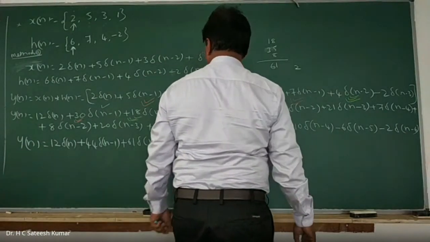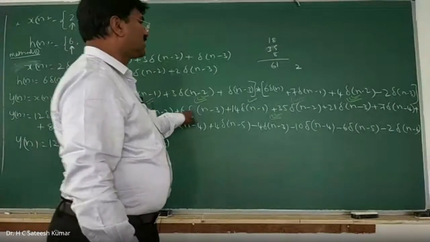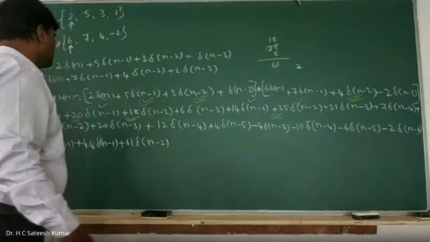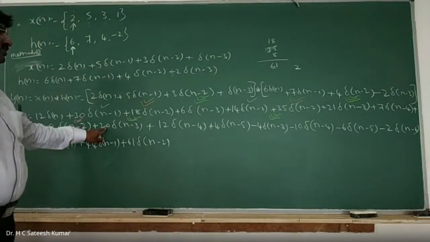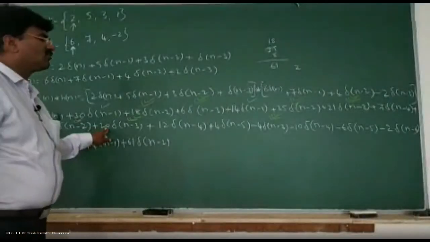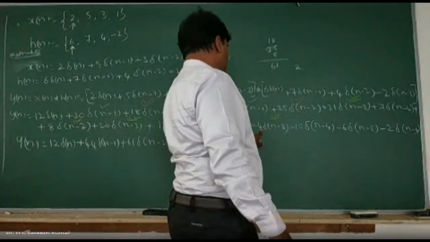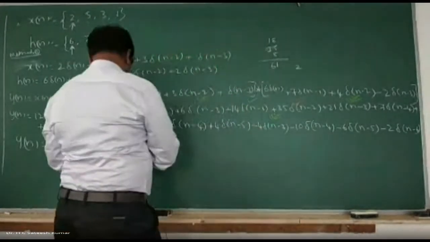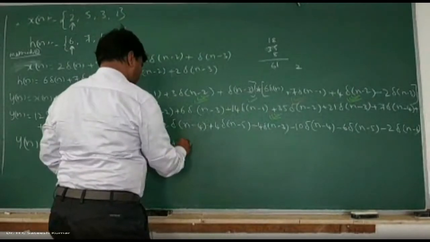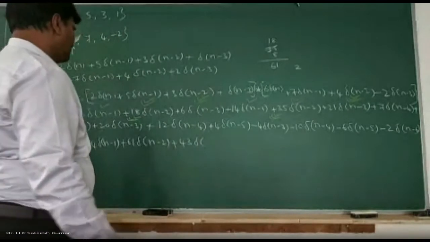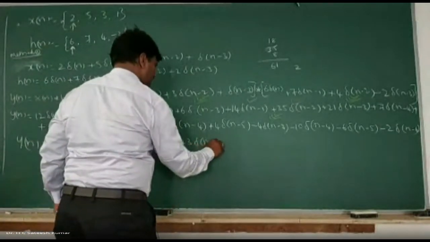So 4 are there, add it. 6 plus 21, that is 27. 27 plus 20, that is 47. 47 minus 4 is 43. So plus 43 delta of n minus 3.